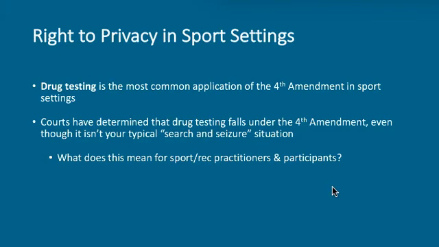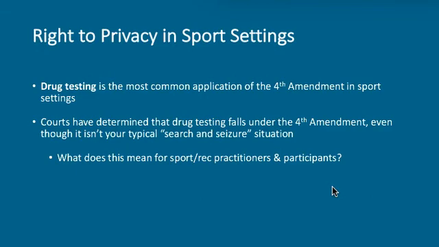Now, what does this mean for us in rec and sport? Well, basically what it means is that in order for state actors to drug test, they have to have a legitimate reason for it, something they can justify. Because again, with constitutional law, we're looking at this balancing act where courts are weighing the state actors' interest in furthering whatever their governmental function is.